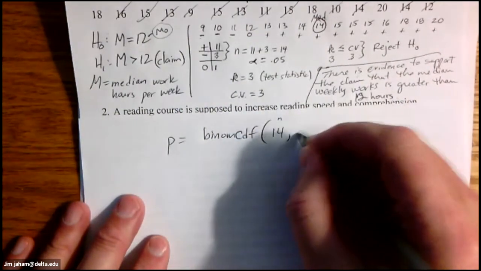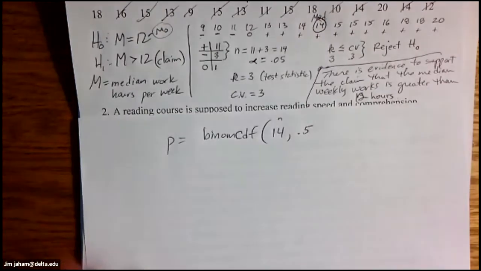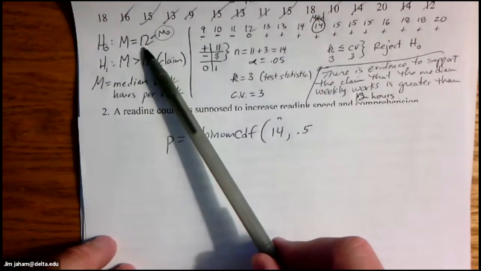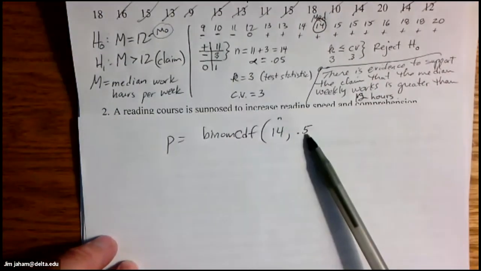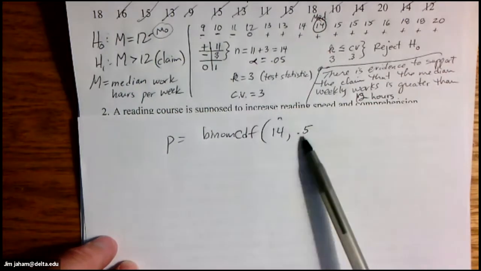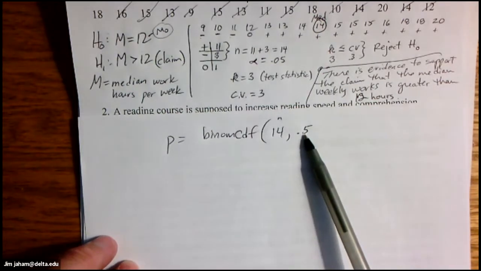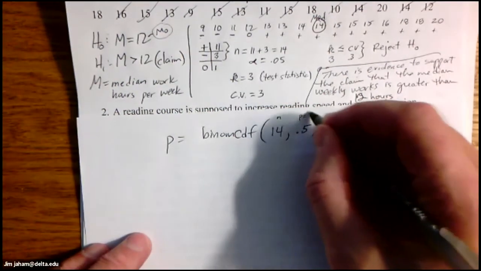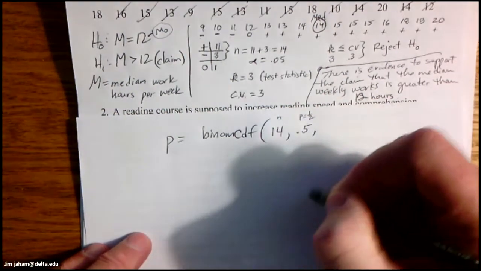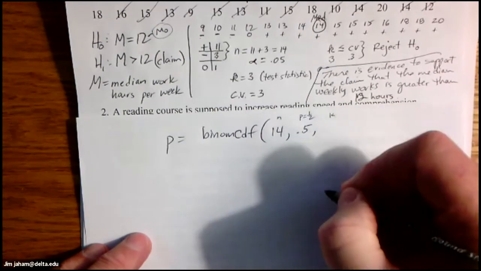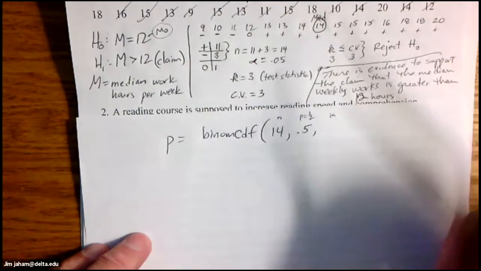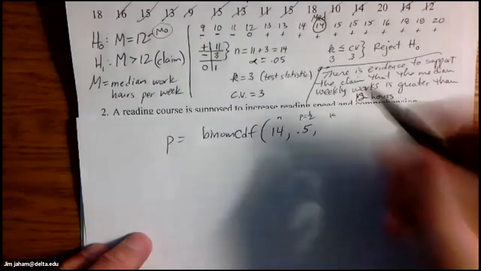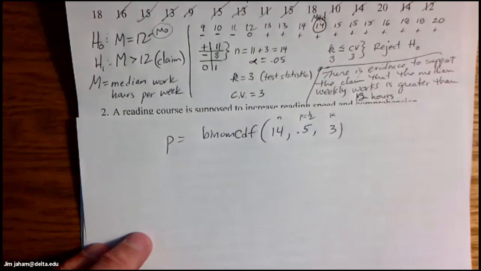The middle number is 0.5, because if the median is in fact 12, exactly half will be above 12 and exactly half will be below. That's the definition of the median. So p equals 1/2 always for this test. And then the last number you're going to put in there is the k, the test statistic. So what's the probability of getting our test statistic 3 or something more extreme?